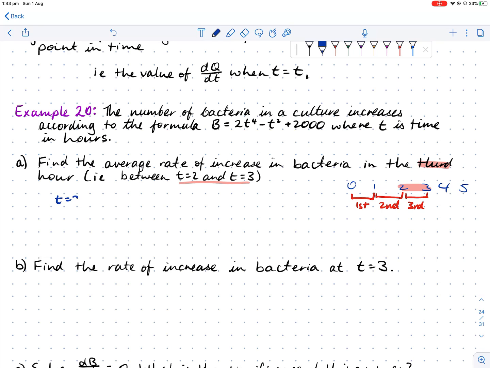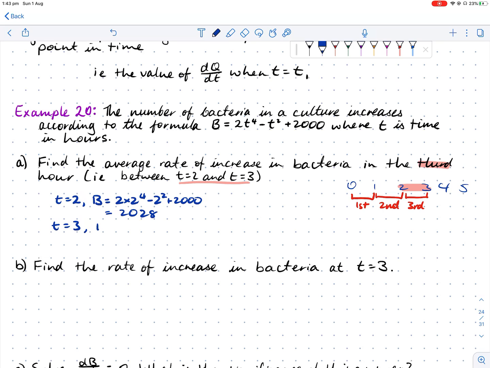So when t is equal to 2, we're going to work out the amount of the bacteria. So that's 2 times 2 to the 4 minus 2 squared plus 2000. So put that into your calculator. That's 2028.